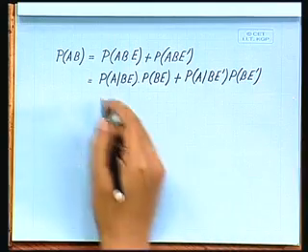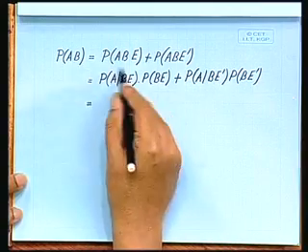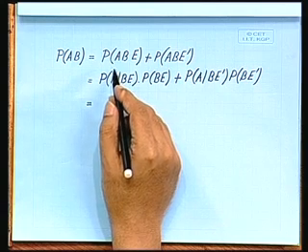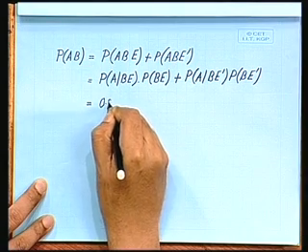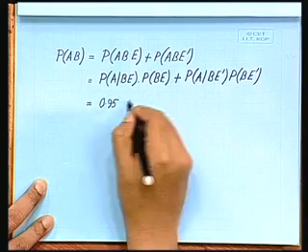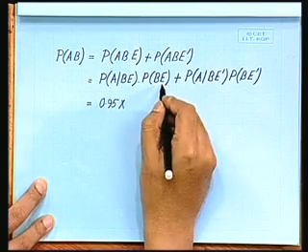Again, these values we can get from the belief network. If you look at the belief network, the probability of A given B and E is 0.95, and the probability of A given B and E' is also 0.95, right.